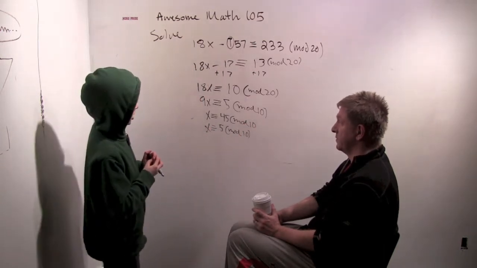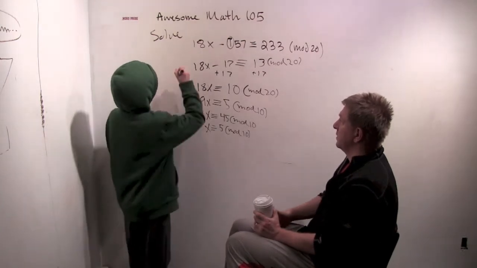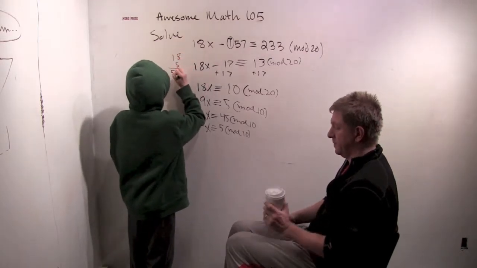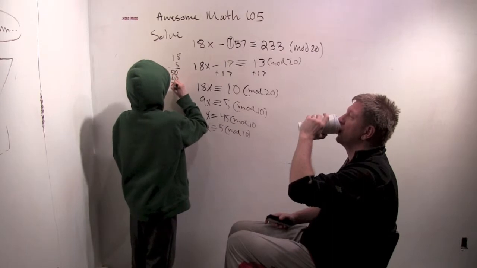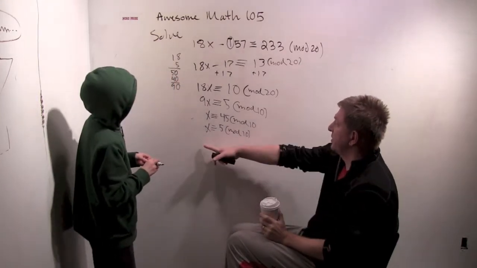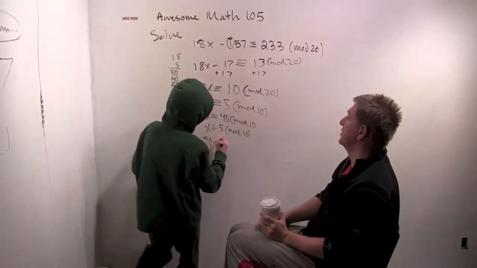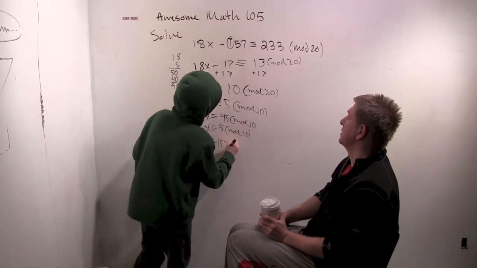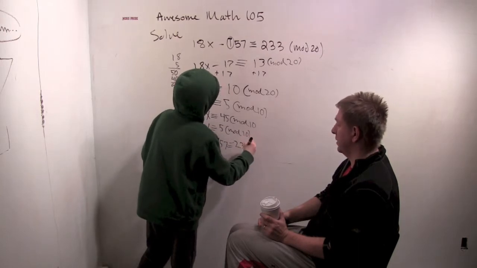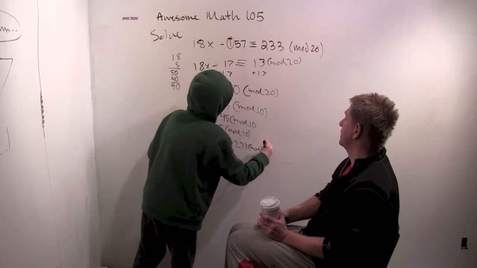And now we can check it. I have to do 18 times 5, 90. So why don't you write down here, does 90 minus 157 congruent to 233 mod 20?